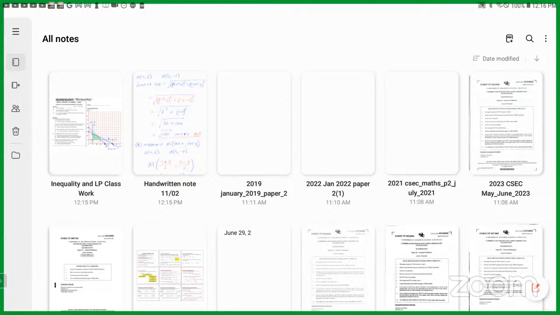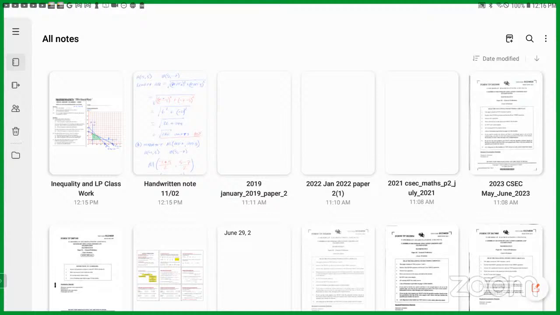Let me see which paper that was on. Let's see what I sent last night.